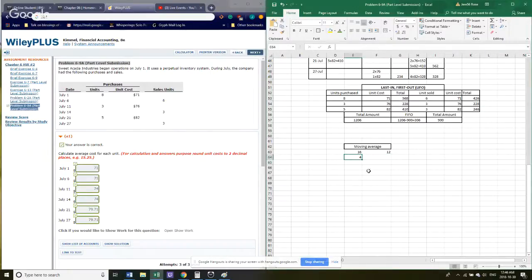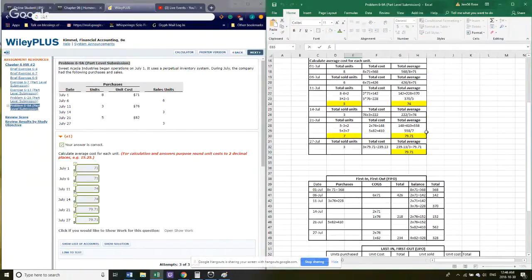And so in order for us to calculate what the moving average is, because we want to know how much money is there with the moving average, we take what we calculated over here, right? Because the last moving average that we had when we were calculating everything was 79.71.